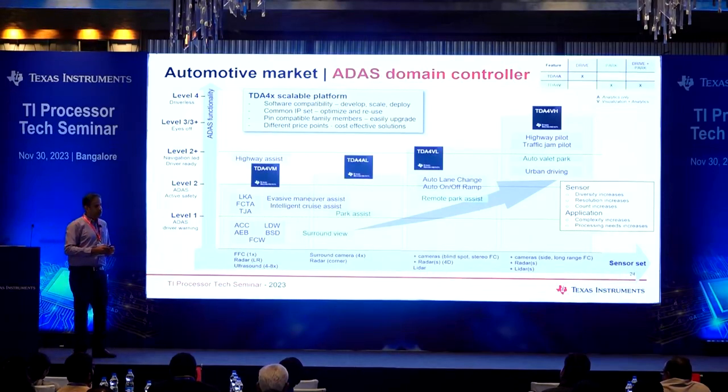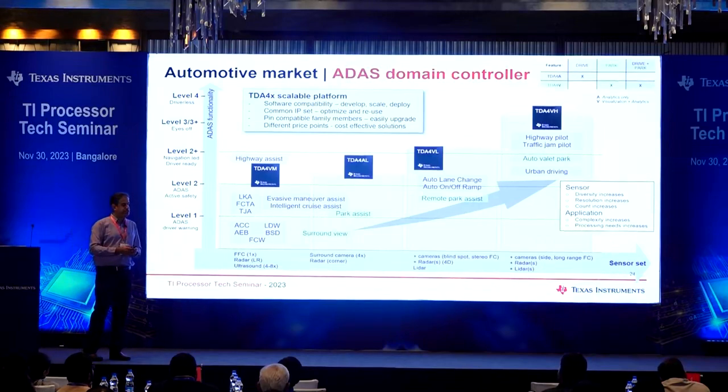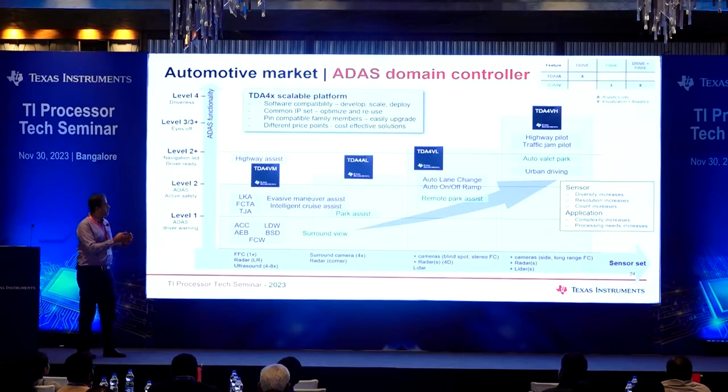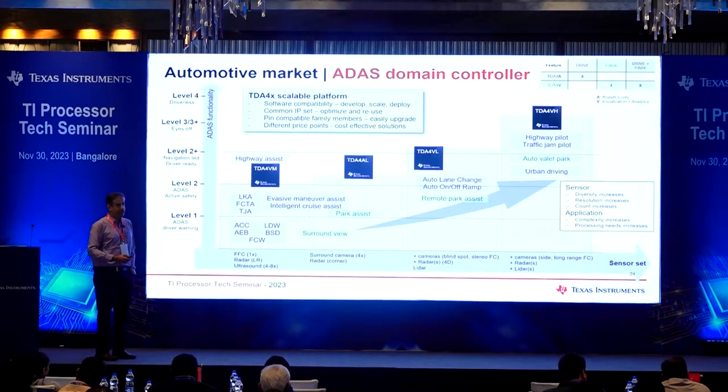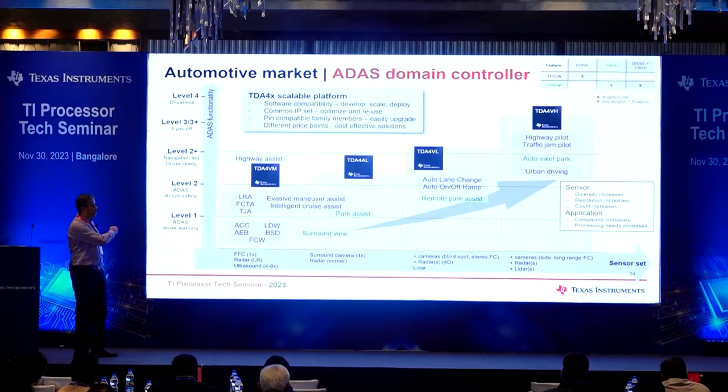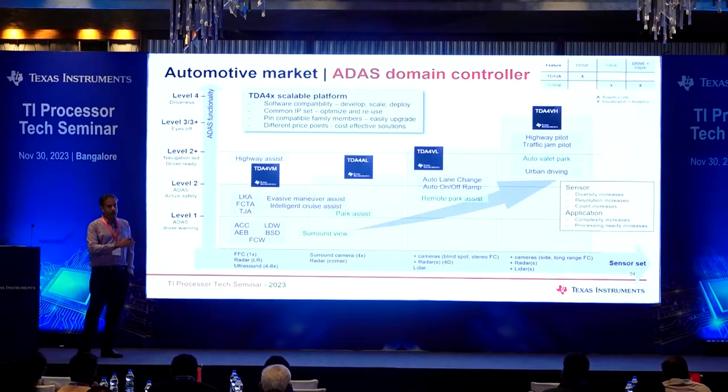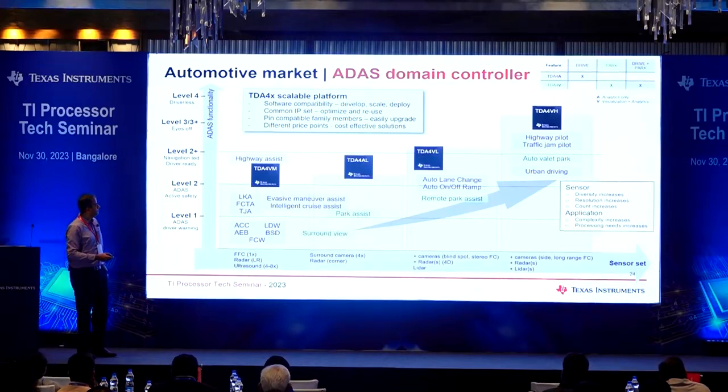The most important thing here is that the TDA4 devices may seem very different in terms of how they are architected, but they come with a very good scalable solution. We've got software compatibility, so you can develop, scale, and deploy your solutions seamlessly. You can start on one device, go across the family, and port your software and application seamlessly.